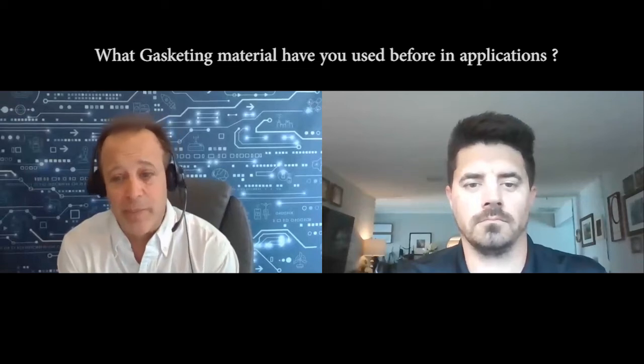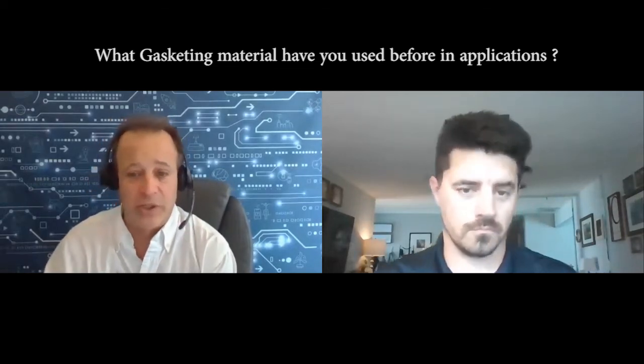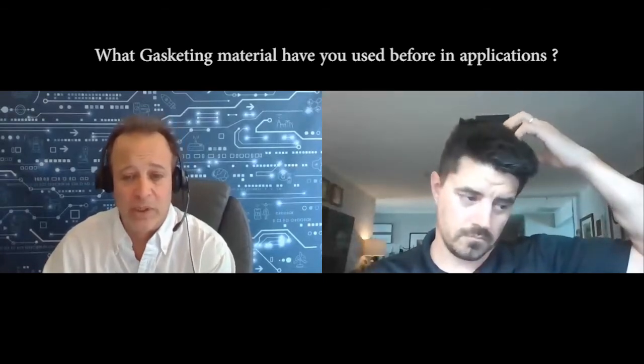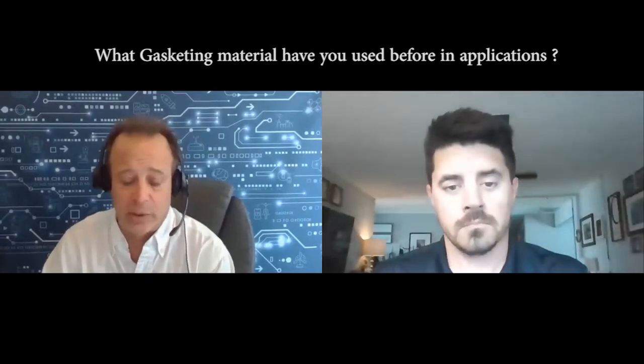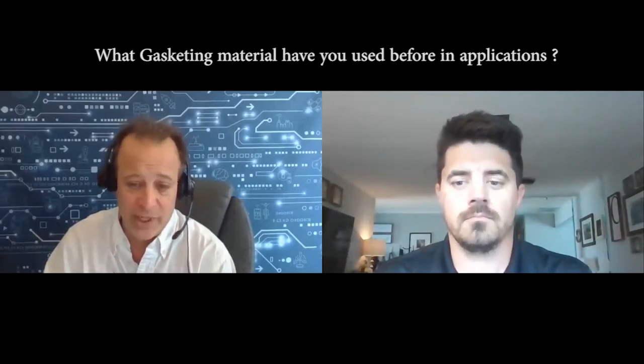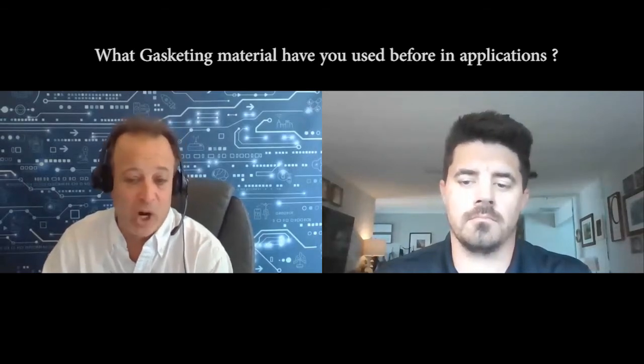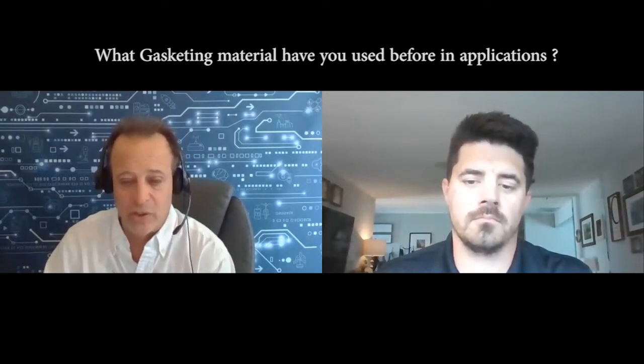Here's your next question. Again, trying to get an understanding if you've ever used enclosure shielding solutions. What gasketing material have you used before in your applications? Conductive fabric over foam, conductive foam, electrically conductive elastomers, oriented wire elastomers, knitted mesh combo gaskets, beryllium copper finger stock, other, not sure.